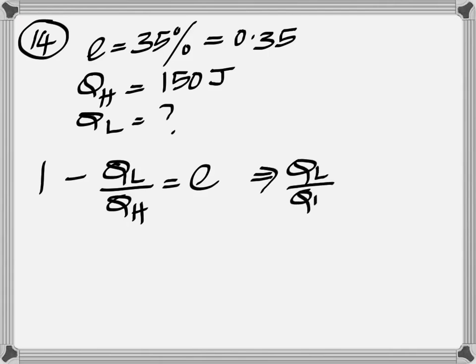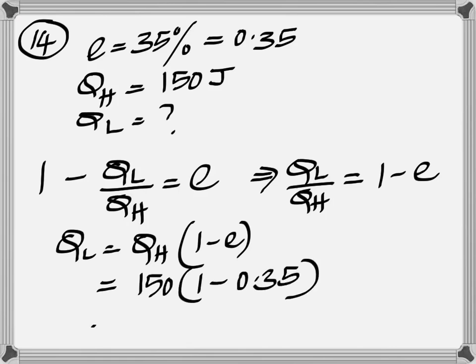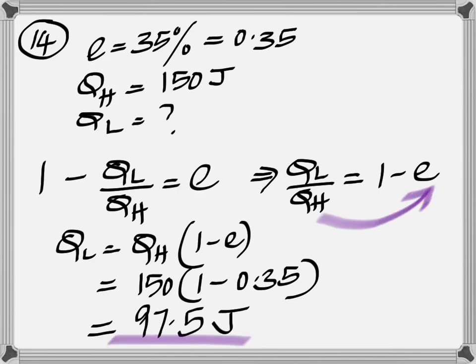That is QL by QH is 1 minus E. So QL is that whole thing times QH. Before I substituted, I just made it the subject and then substituted. You get 97.5 joules. I'm just showing that QH goes to the top and becomes a multiplication. Right? Okay.